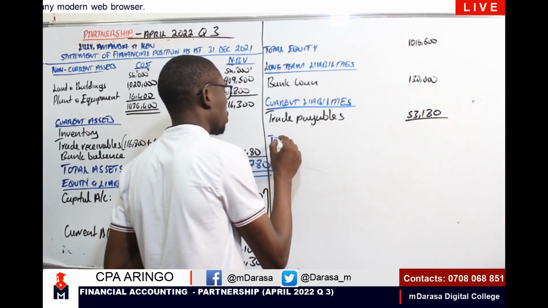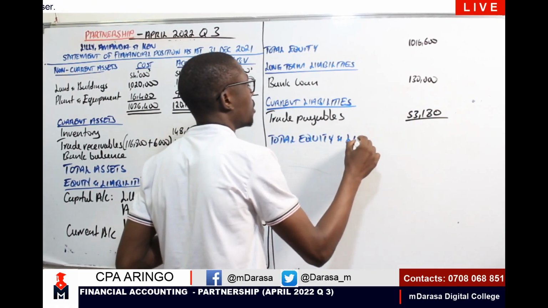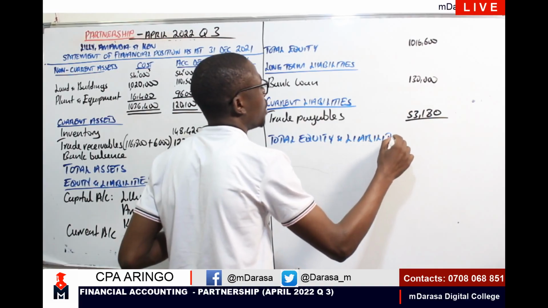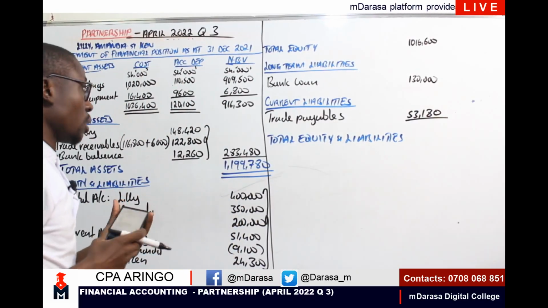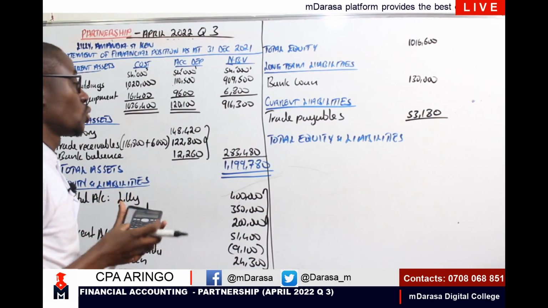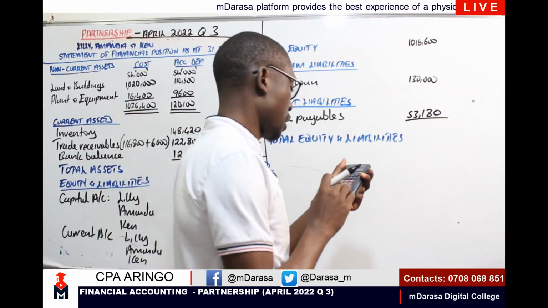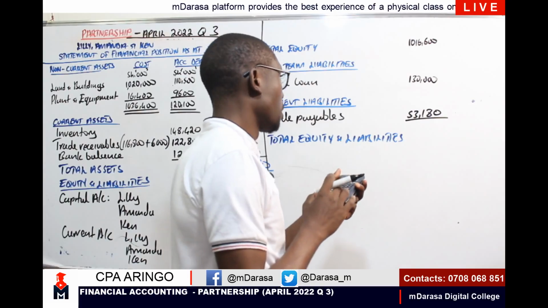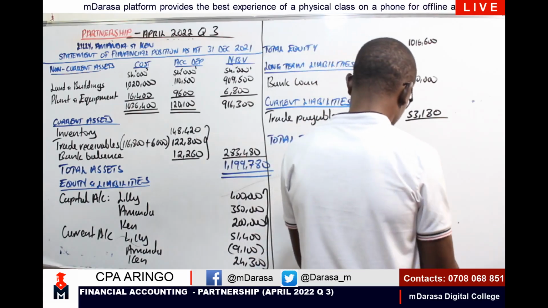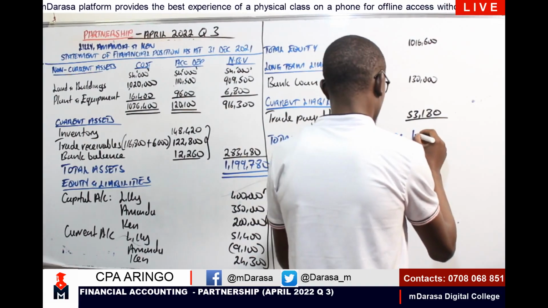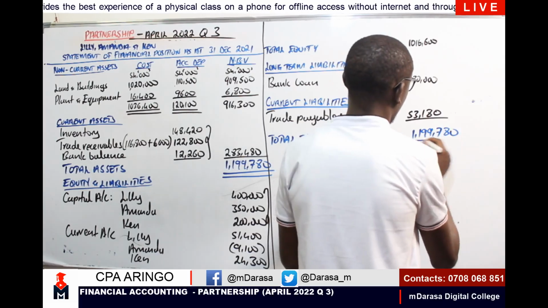From the top, total equity, which was 1,016,600, plus 130,000 plus 53,180 to give us a figure of 1,199,780.